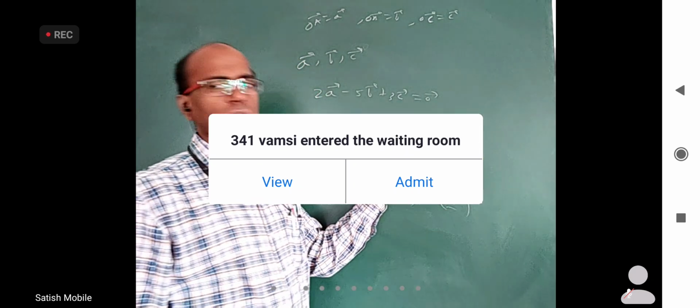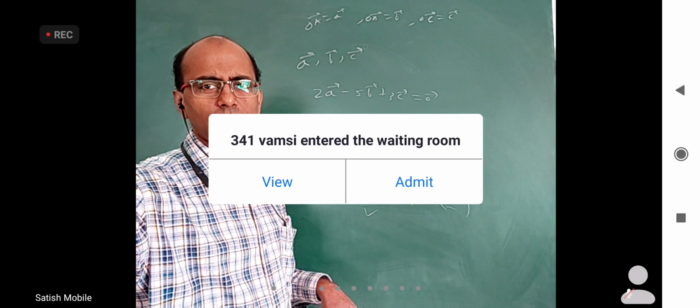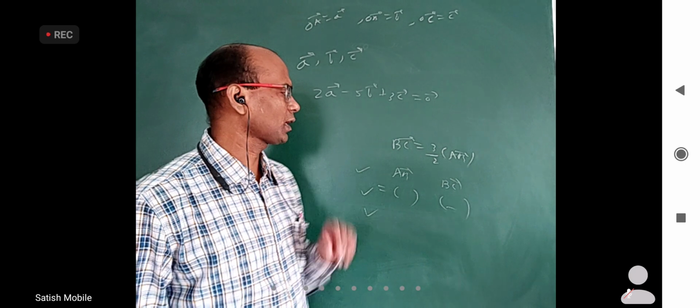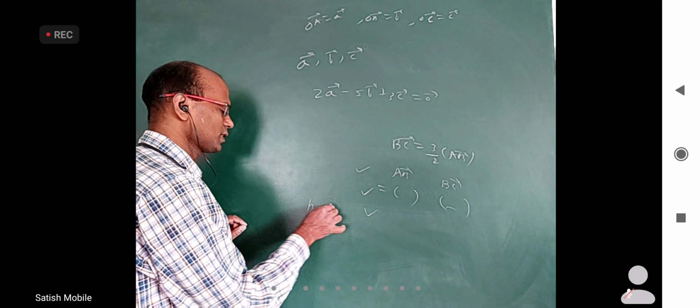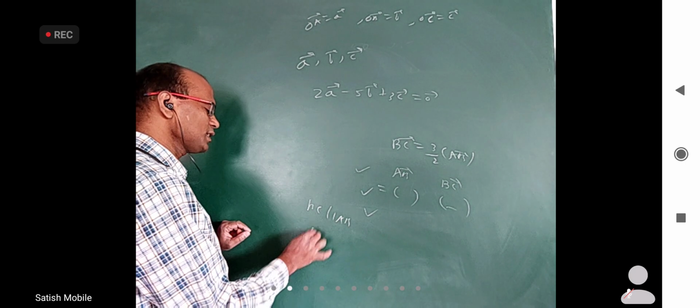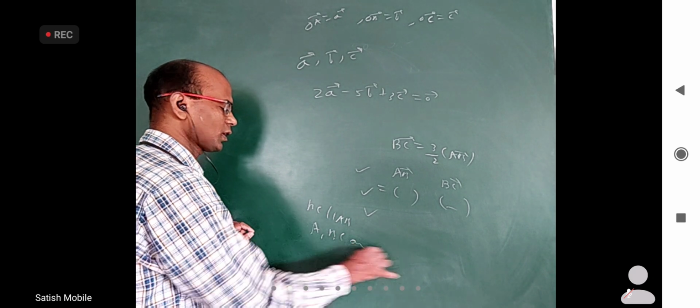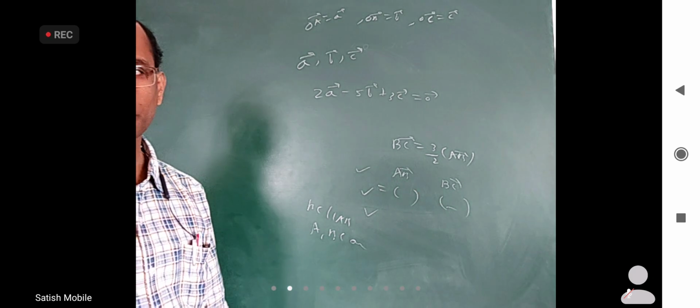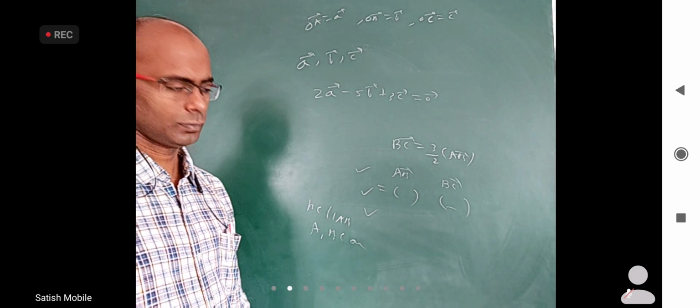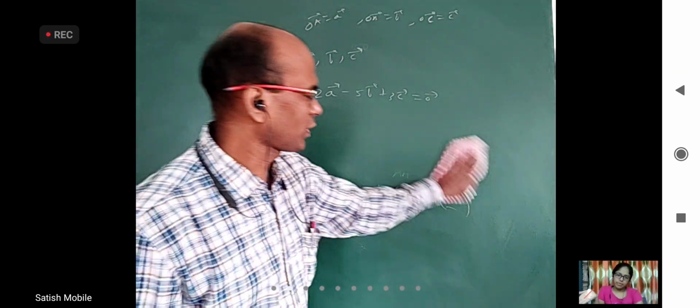If you are able to write one vector as lambda into another vector, that means they are parallel. So BC is parallel to AB. If BC is parallel to AB, ABC are collinear, isn't it? Yeah. So that is one way.